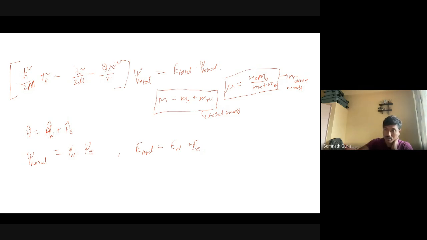Now we know E_n equals h cross squared by 2M. No, sorry, it is the kinetic energy, E_n, the kinetic energy for the nucleus.